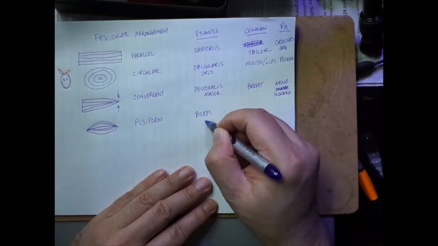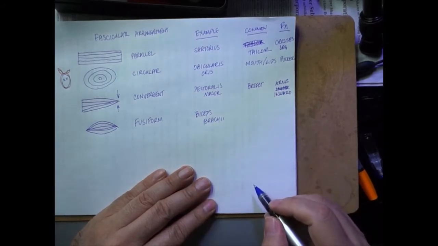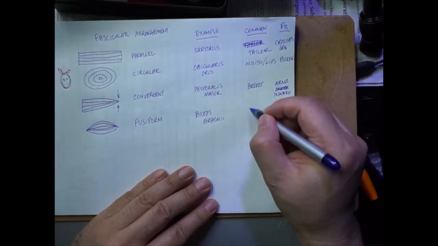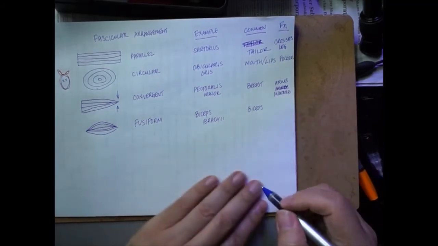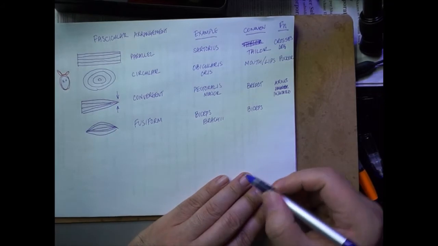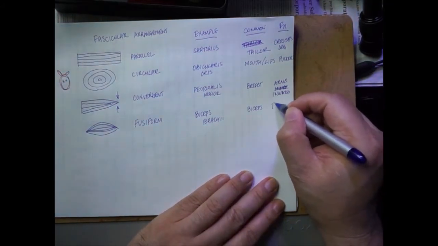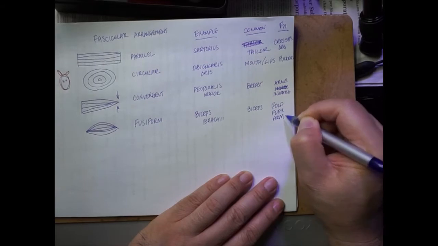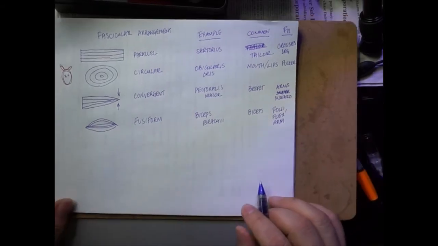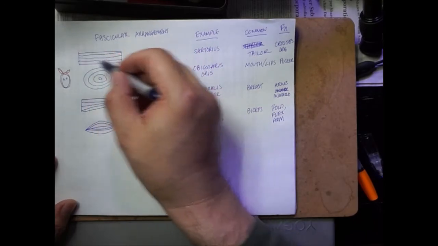It's called the biceps brachii. So this is your common term we use, the same term. It's called the biceps, or some people like to call it the guns. And it is there to fold or flex your arm. So this is a variation of this parallel fiber tract.